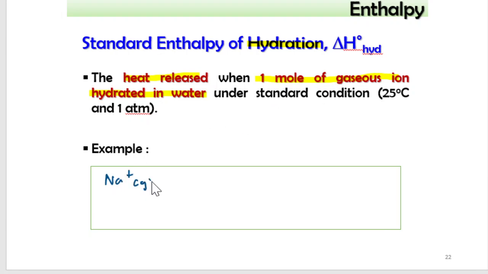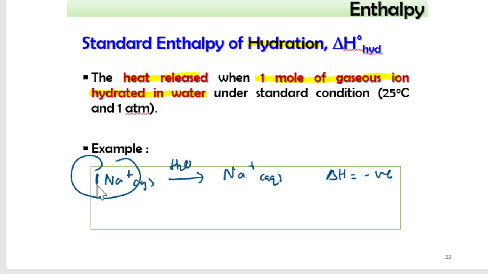So sodium ion in gas, hydrated with water, you will get Na plus aqueous. For this one it is heat released. So it must be 1 mole of your gaseous ion that must be 1 mole here.